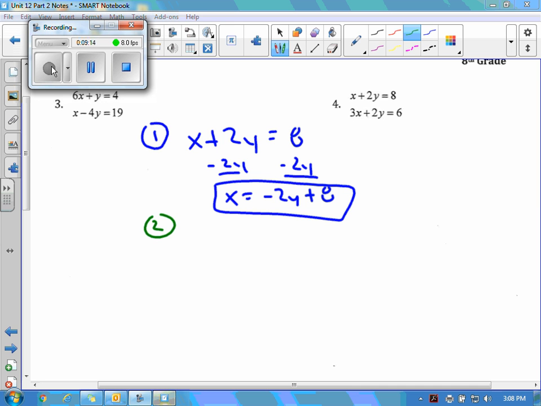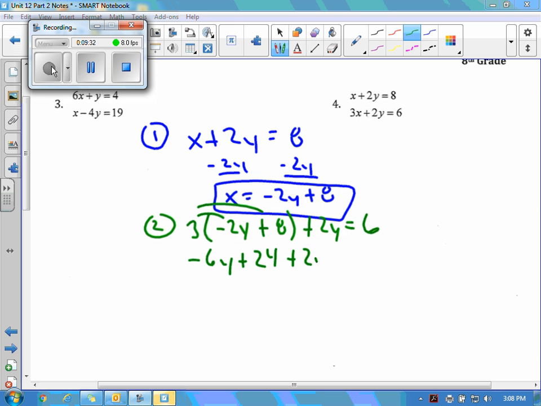So on the second equation, I'll replace the x with negative 2y plus 8. And I have plus 2y equals 6. So I'm only in y's here. I distribute, and that gives me negative 6y plus 24 plus 2y equals 6. I'm combining my y's, and I get negative 4y plus 24 equals 6.